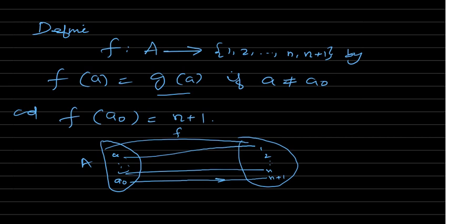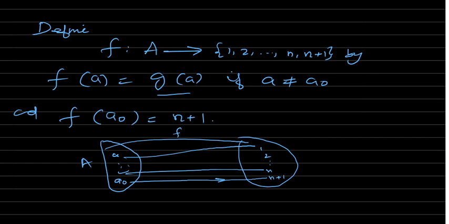If you take any two members from A, and if you take this f of a1 equal to f of a2, then obviously this a1 must be equal to a2. So that's a straightforward thing that you can do easily, and it's also surjective.